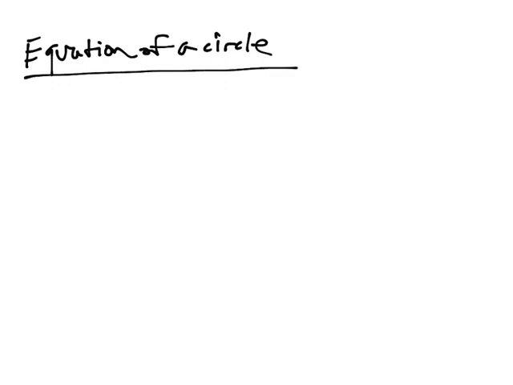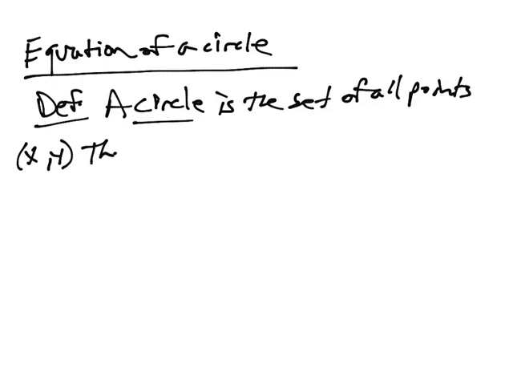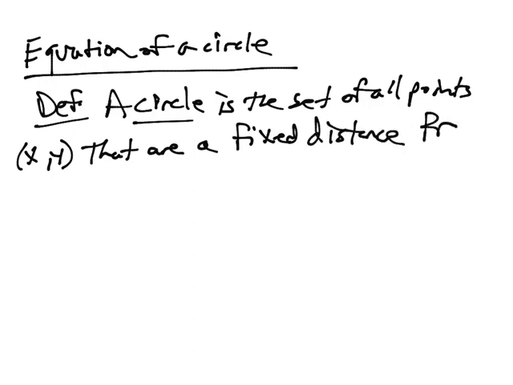But when you look at the definition, a circle is the set of all points x comma y that are a fixed distance from a fixed point.